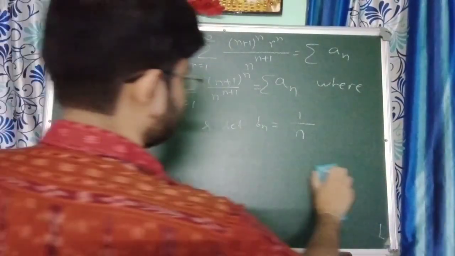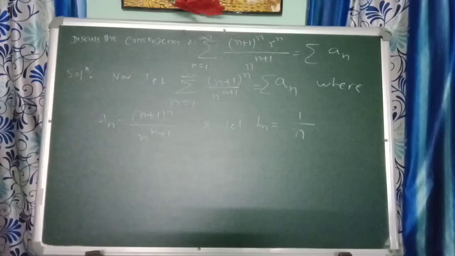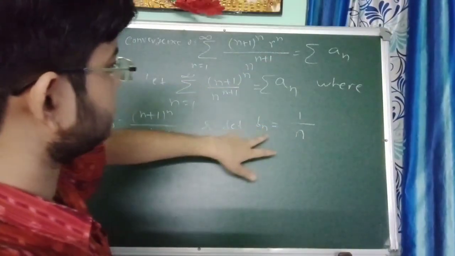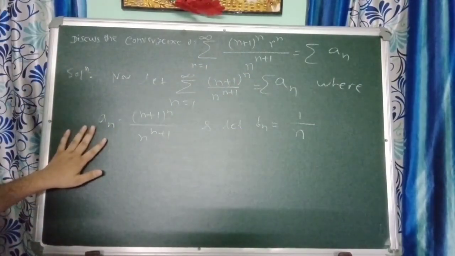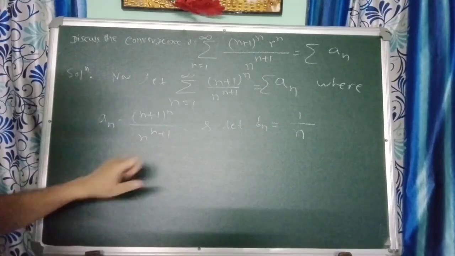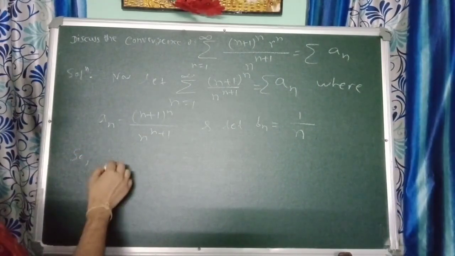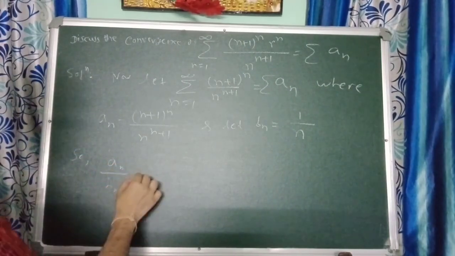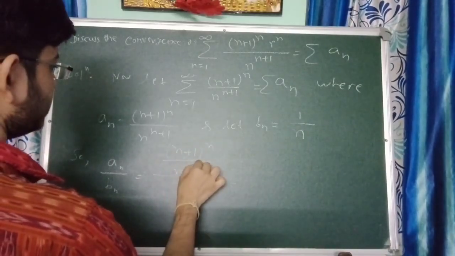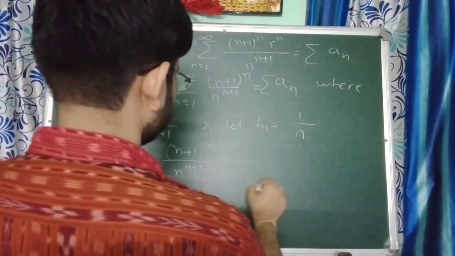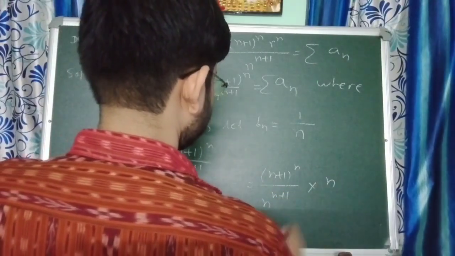Here we apply the comparison test, because in this case we cannot apply the root test when r equals 1, since the root test fails. So we apply the comparison test. So an by bn equals (n plus 1) to the power n divided by n to the power n plus 1, divided by 1 by n. So this becomes (n plus 1) to the power n divided by n to the power n plus 1, into n.